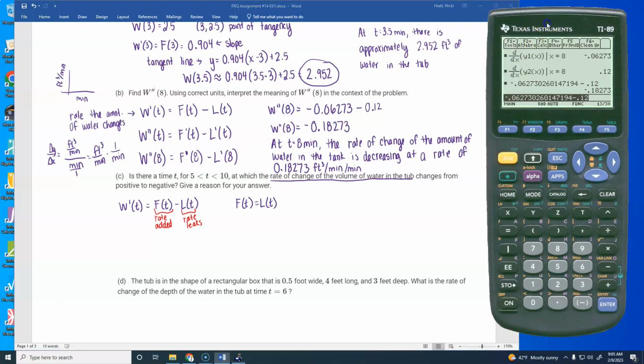And so let's see if the solve feature will work, because I like it better. Solve y1 of x equals y2 of x, comma x. Cross your fingers.